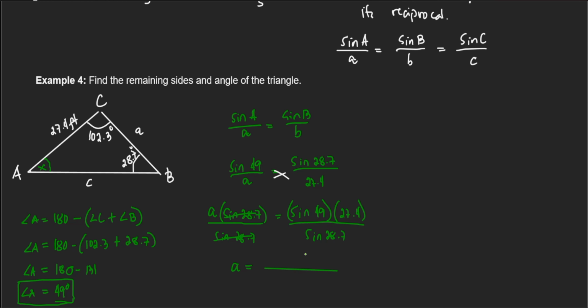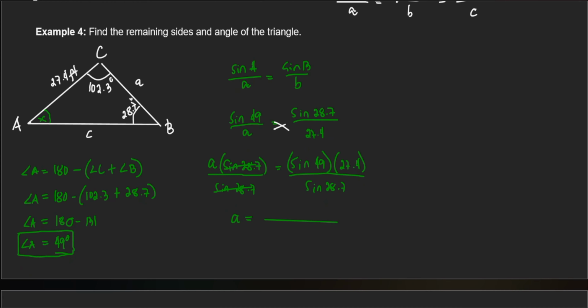Kasi pag i-round off po natin yan, may tendency na mali po yung final result. Okay? Kasi remember that ongoing pa yung solution or yung process. So, no need to round off. Okay? Now, let's try.